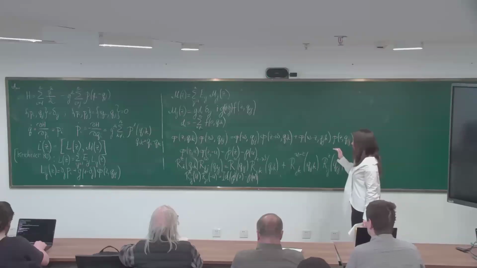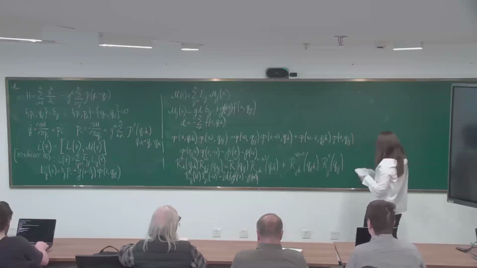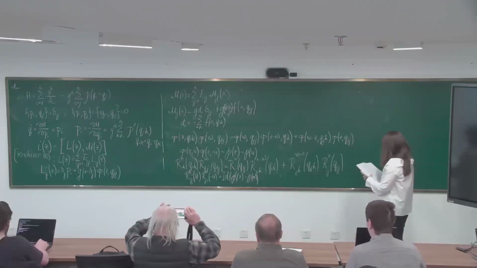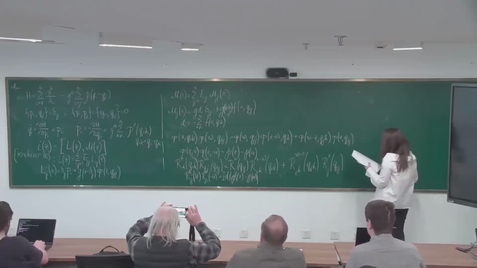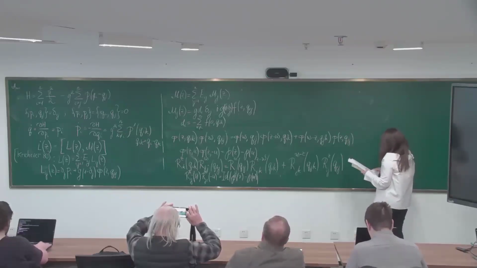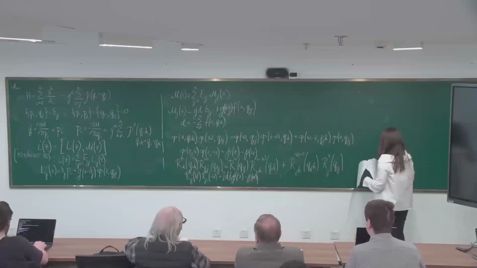So due to this generalization, you can write the Lax pair in terms of R matrices, and it was done by Levin and Olshanetsky-Zotov. And I will present you the answer for this Lax pair.